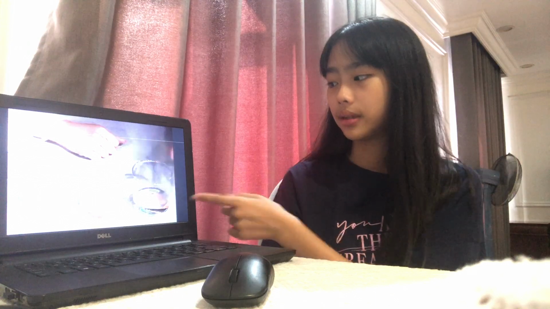The other normal rock is just a normal one, and it doesn't fizz when it is in hot vinegar. So these two have calcite, and this calcite in the limestone reacts with the acid in the vinegar, creating carbon dioxide bubbles. But this other one doesn't.